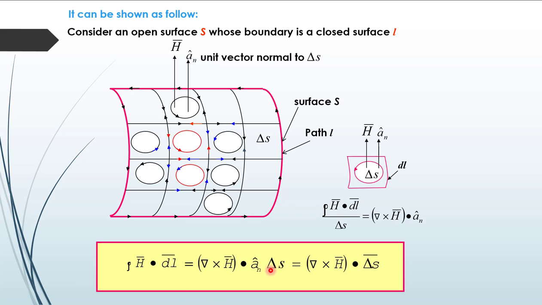Now delta S is just a magnitude, but if I multiply it by a_n cap, it becomes a vector quantity, the vector area, indicated by delta S bar. So this equation becomes del cross H dot delta S bar, a dot product between del cross H and delta S bar.